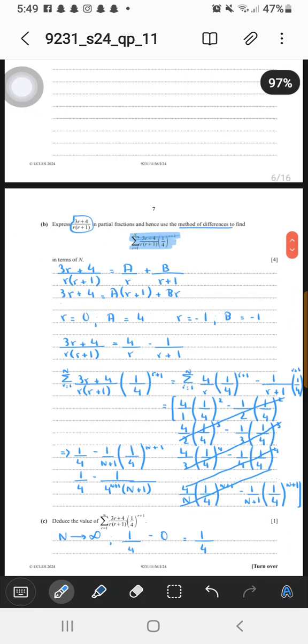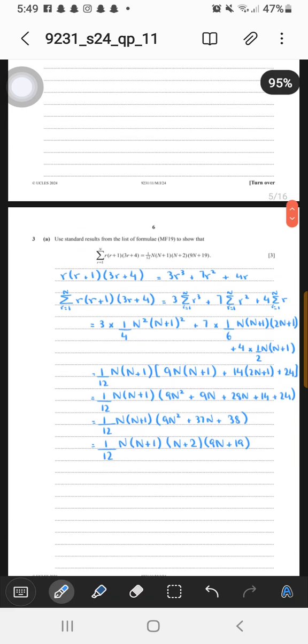So we are done with our third question of this paper. First of all, we used the standard results which are given in the list of formulae MF19 and proved and showed what we were asked to show.